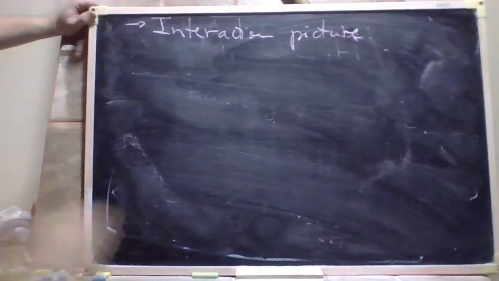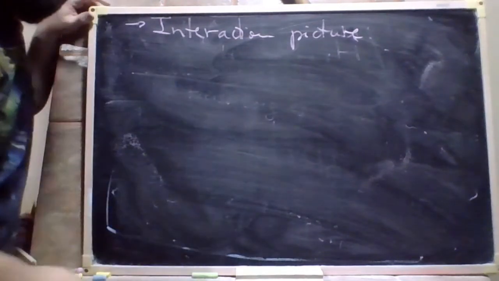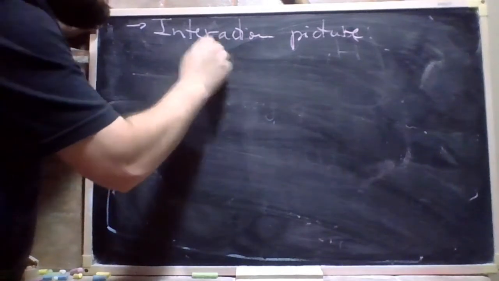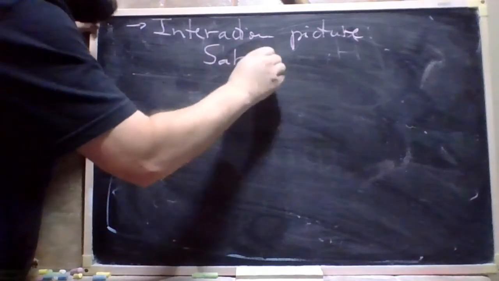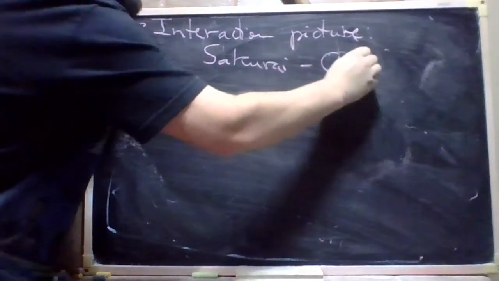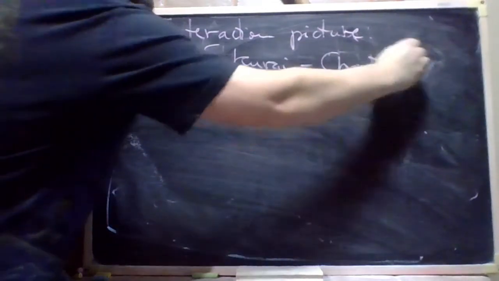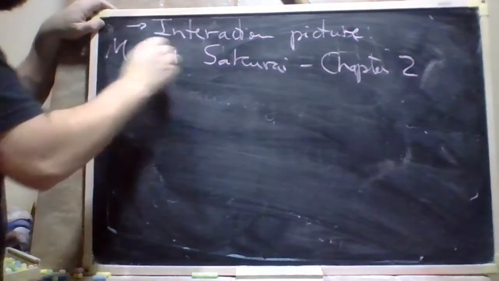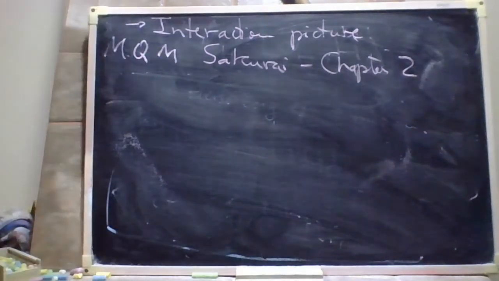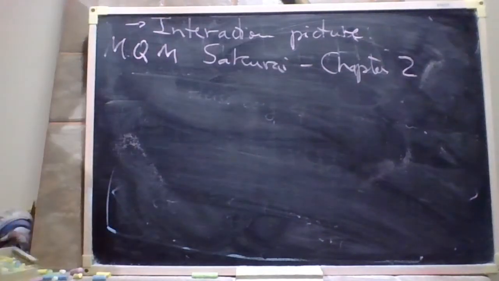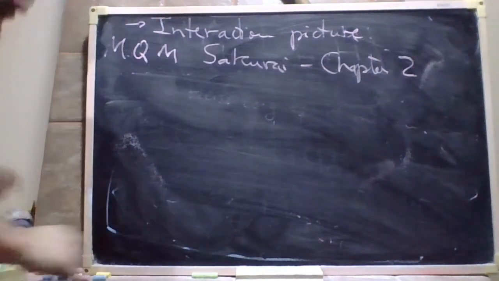But I'll not talk about it right now. You can find out in Sakurai. I recommend chapter 2 of Modern Quantum Mechanics by Sakurai. You'll find all the discussions we have done here.